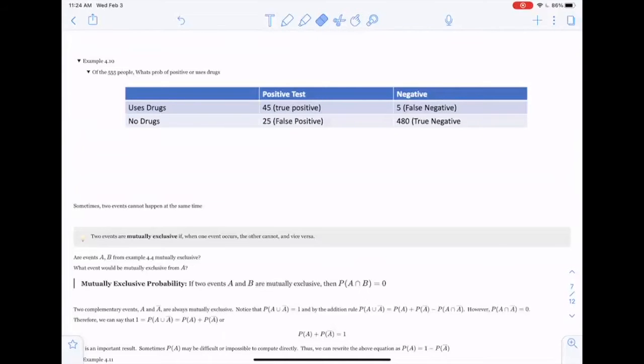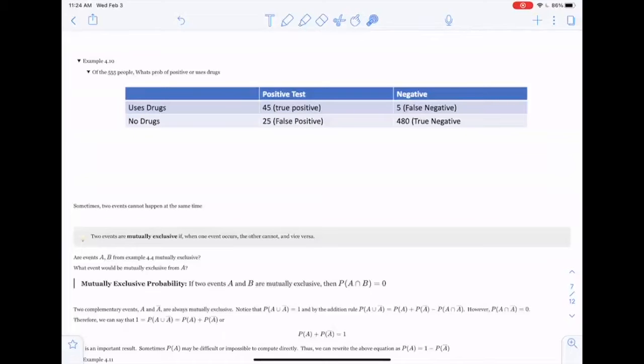Let's look at an example. Of 550 people, we want to know the probability that a randomly selected person either tests positive or uses drugs. Drug testing, pregnancy testing, efficacies of medications are very common examples because they do have these two stages: you can have the quality or not have the quality, and then test positive or negative for that same quality.